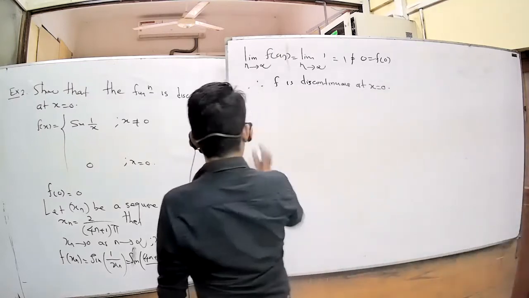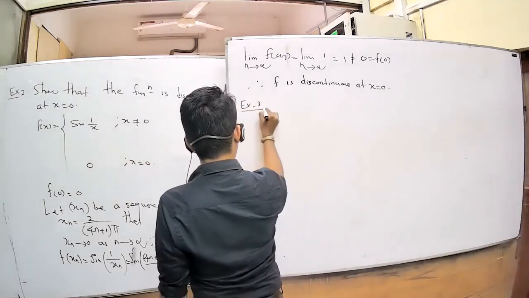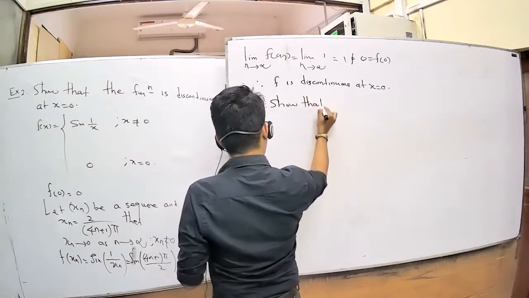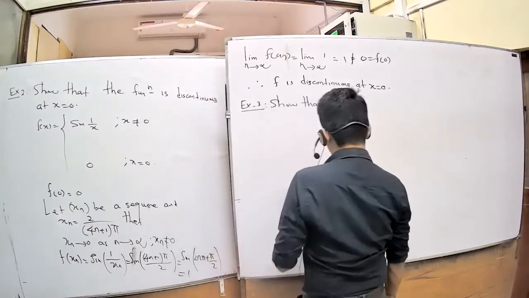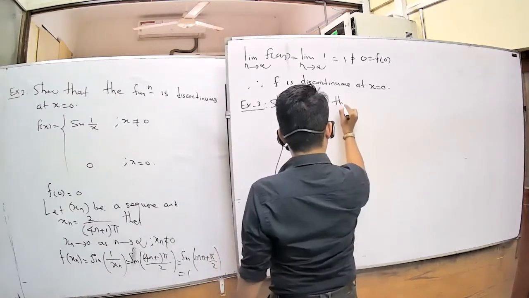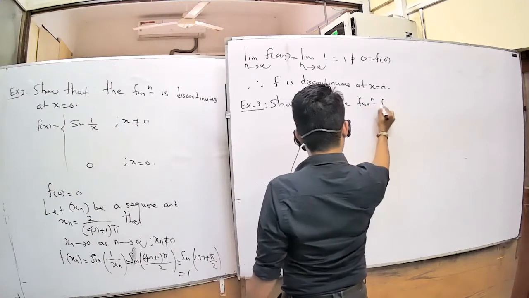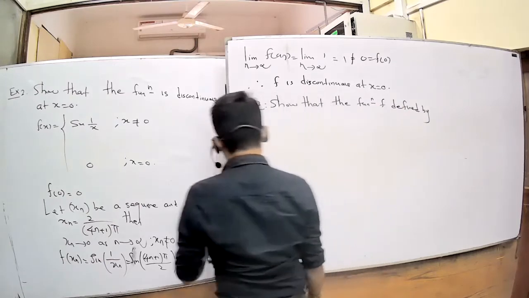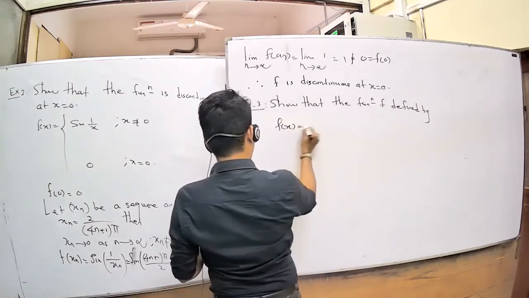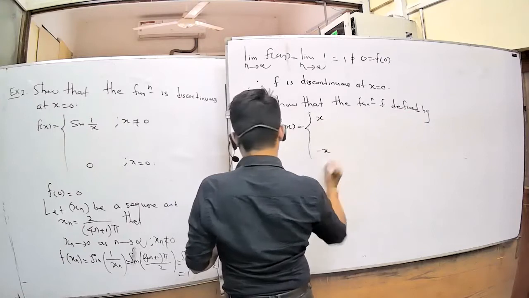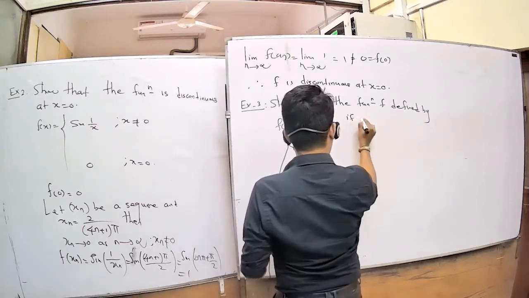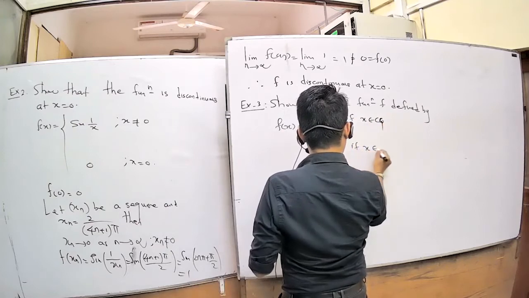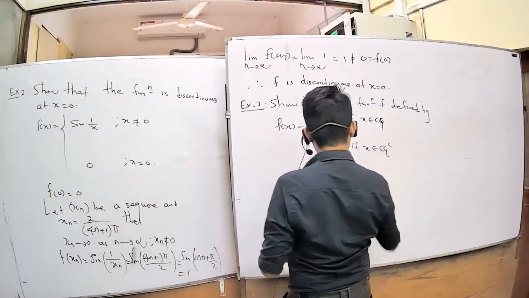Next question. The function f is defined by f of x equal x if x belongs to the rational numbers, and minus x if x does not belong to the rationals, that is, x is irrational.